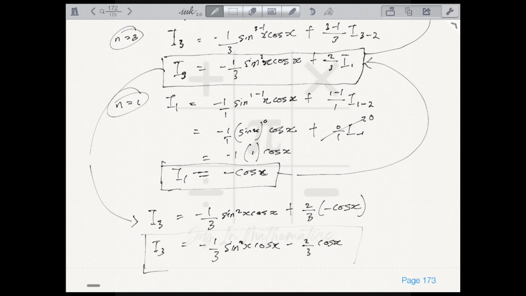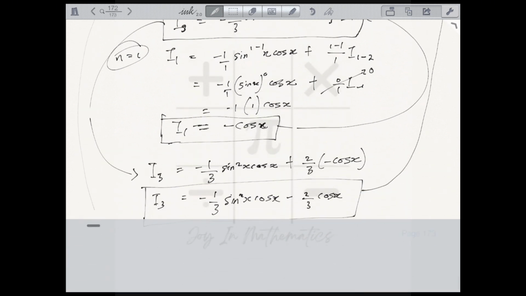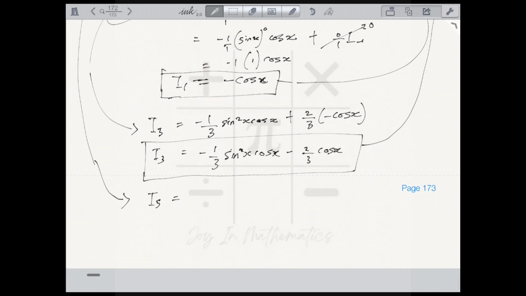Now we have an expression for I3. We can now substitute this expression into I5. So let us rewrite what I5 stands for. I5 is equal to minus 1 over 5 sine raised to power 4 x cos x plus 4 over 5 I3.